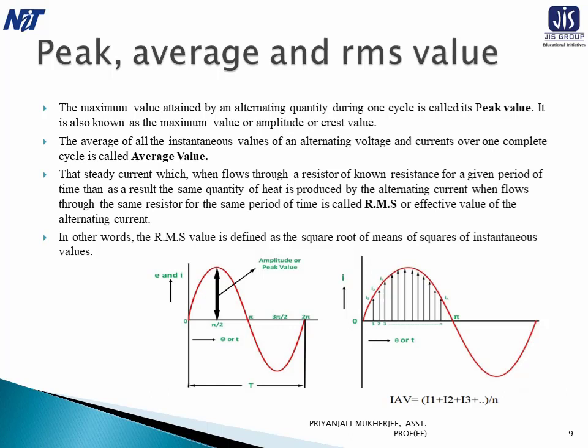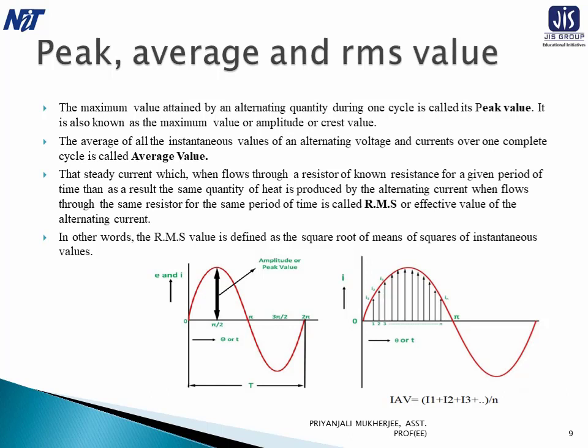Or in other words, RMS value is defined as the square root of the mean of squares of instantaneous values. If it is represented by I effective, then it will be the square root of I1 square plus I2 square up to In square, divided by n.